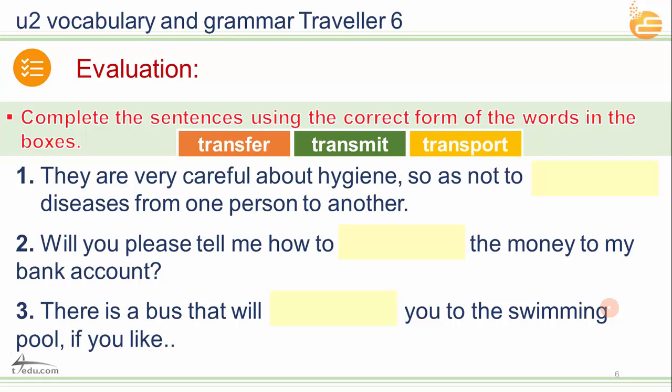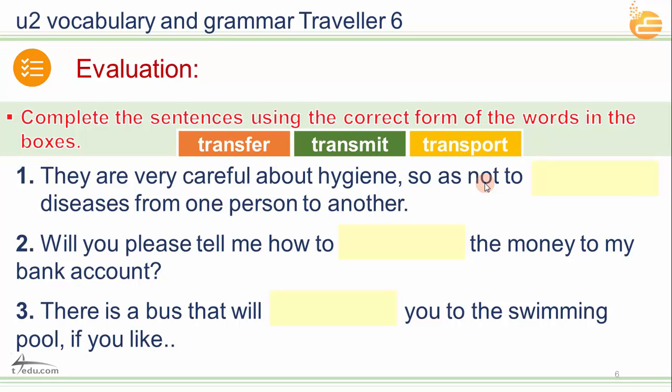So let's put this into practice and complete the sentences using the correct form of the words in the boxes. So in the boxes we have transfer, transmit, and transport. And let's put them in the spaces. One, they're very careful about hygiene so as not to what?